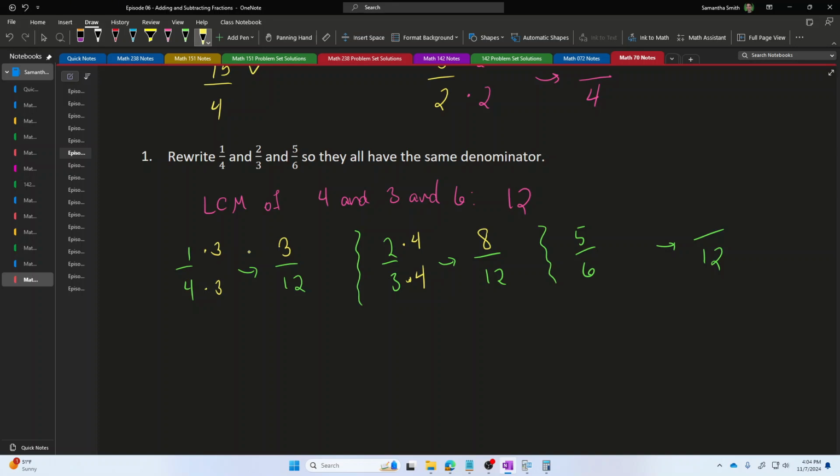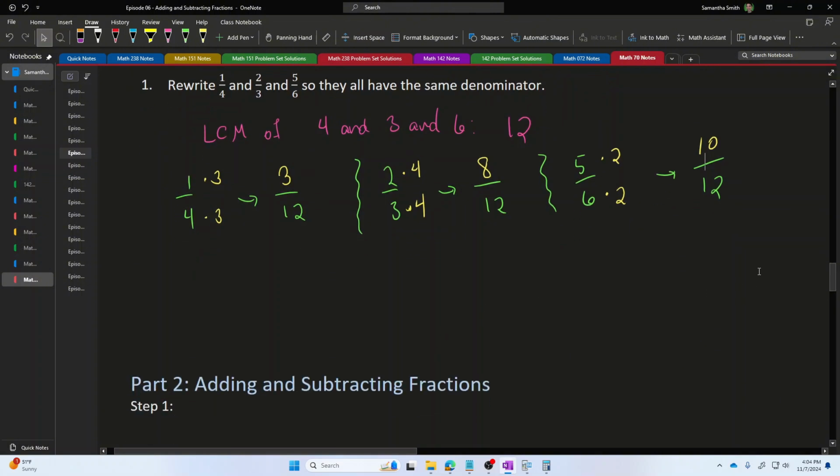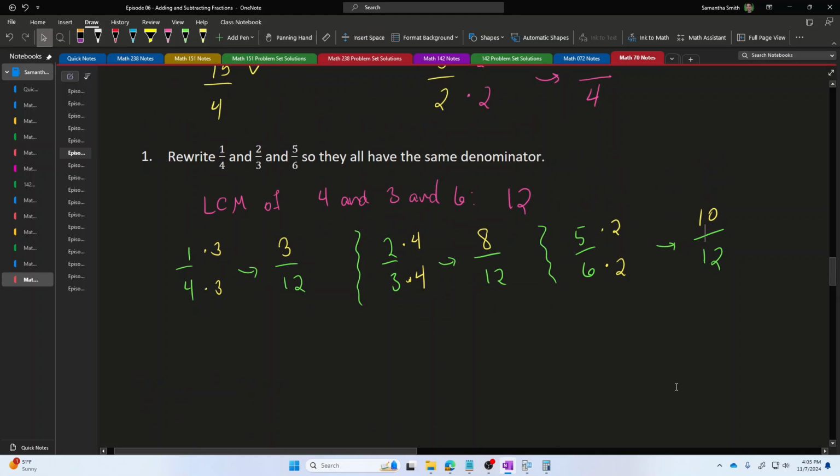And 5 over 6, to transform 6 into 12, I can multiply by 2. So 5 times 2 gives me 10 in the numerator above 12. And so I have 3 over 12, 8 over 12, and 10 over 12. That is the rewrite of these three fractions so that they all have the same denominator, in this case, the same denominator of 12. So this is how we can most efficiently rewrite fractions so that they all have the same denominator.